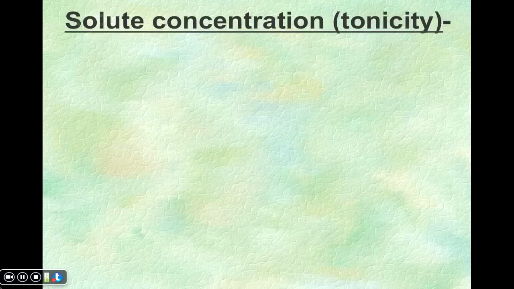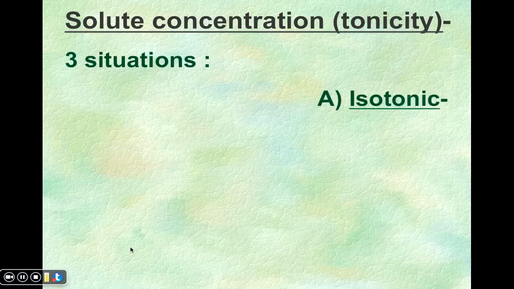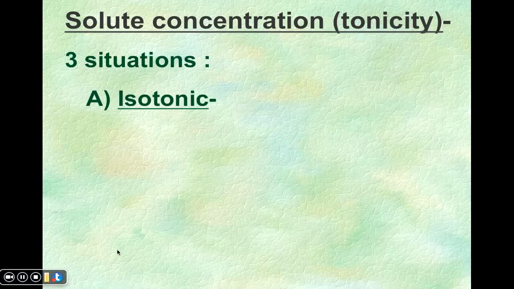Okay, so let's explore these concepts in a bit more detail. So think about osmosis. Think about movement of water across a cell membrane, and we can talk about the concentration of solutes, in other words, the tonicity of a situation in question. So, for example, we can identify three situations.